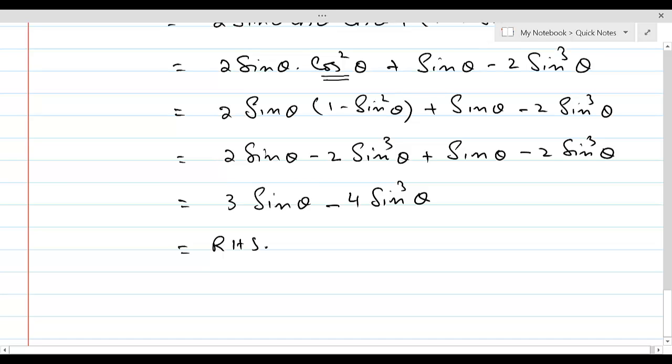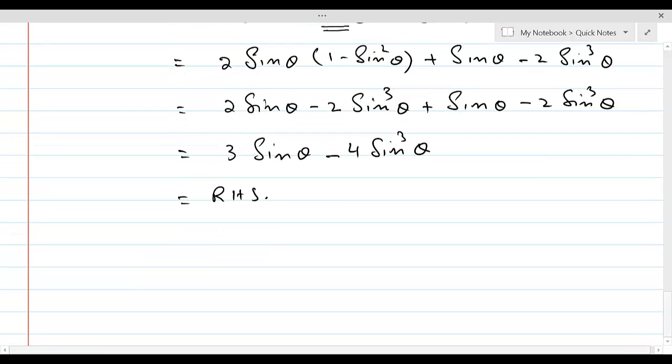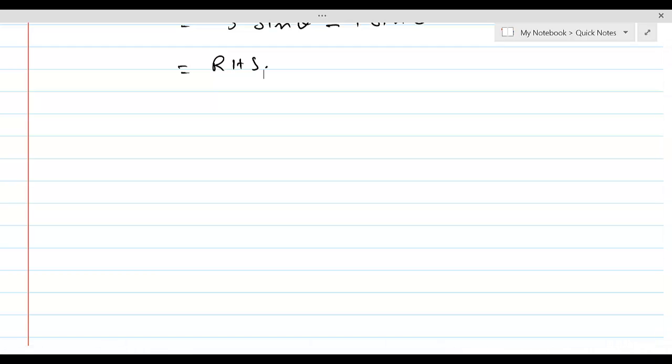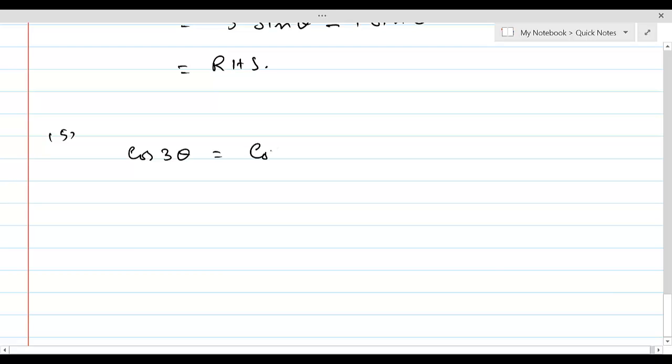I guess you have learned the trick, but let's also prove the triple angle identity for cos as well, and this will be number 5, I guess. Cos 3 theta is equal to cos of 2 theta plus theta, and we can use the cos alpha plus beta formula.